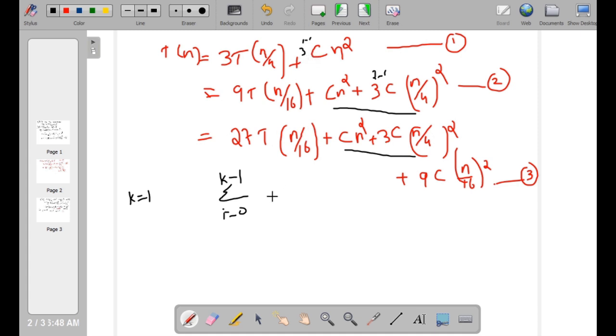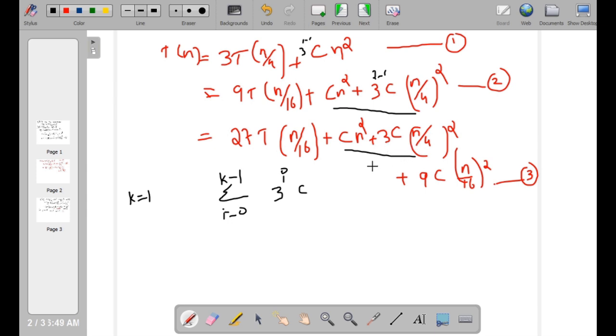I can write it as 3 raised to i, then c.